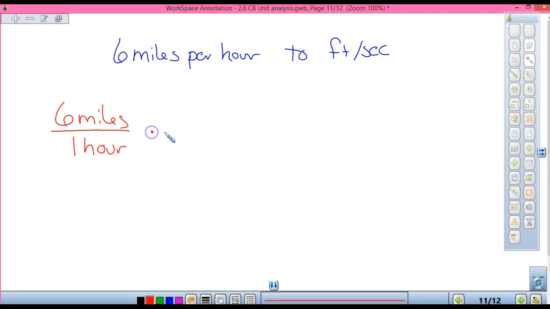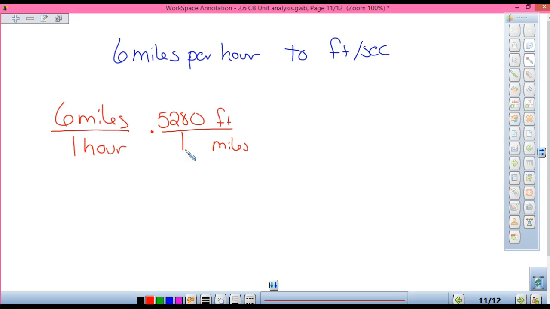I've got miles on the bottom, feet on the top. What's my conversion? It's in front of you. 5,280 feet in 1 mile.